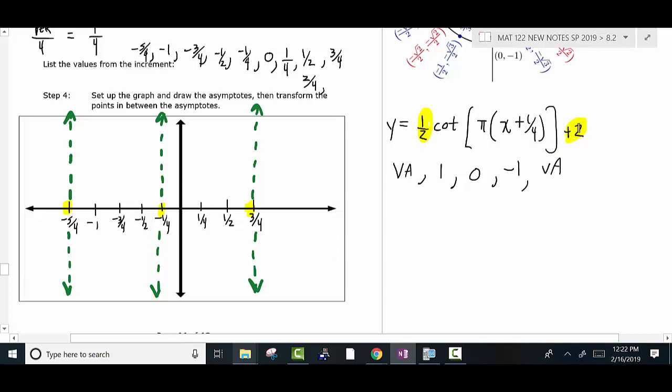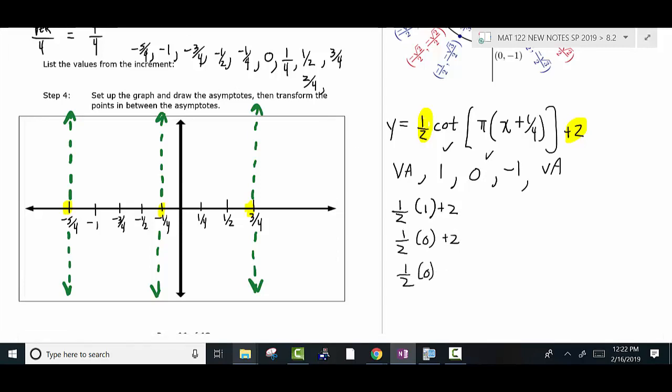That's going to shrink the y values and move them up 2. So I'm going to calculate those things just one at a time. So I do 1/2 times 1 plus 2. Then I do 1/2 times 0 plus 2. Then I do 1/2 times -1 plus 2.